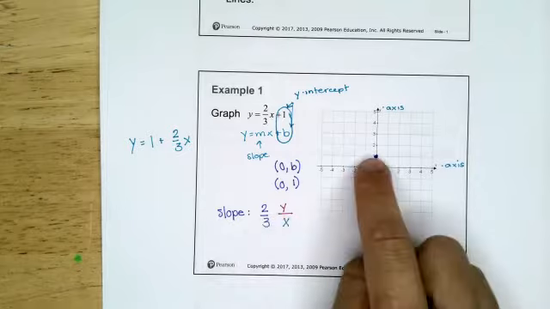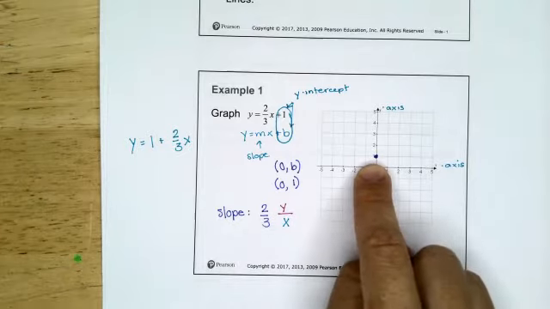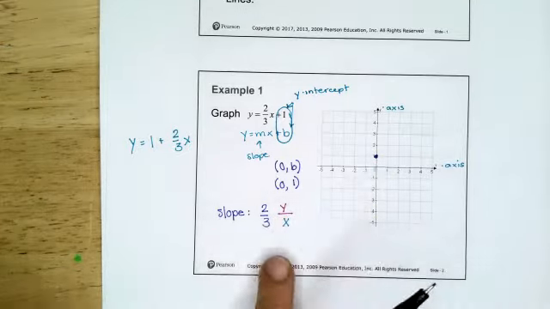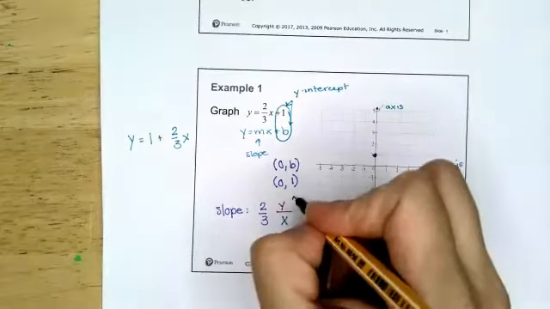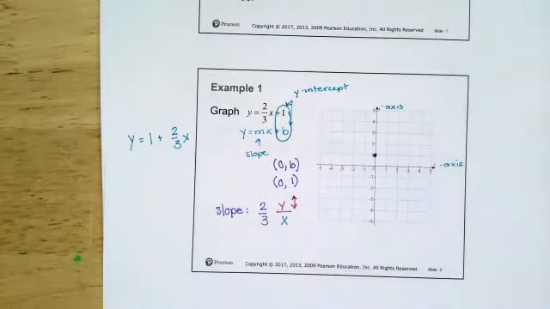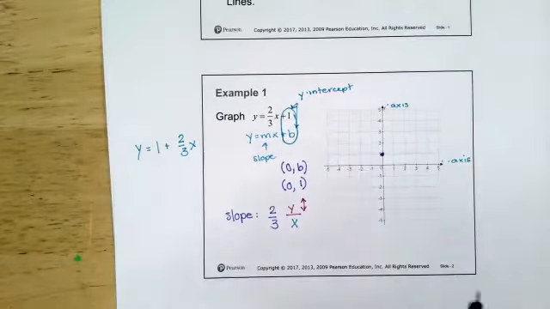2/3 means from your b, from your y-intercept, you need to move on the y, which we know is up and down, positive 2. And then you're going to move on your x, positive 3. So remember that x this way is negative, this way is positive. Y this way is positive, this way is negative, right?